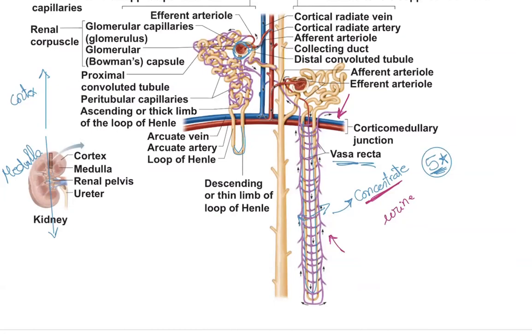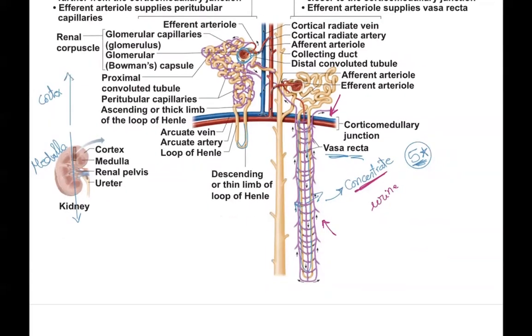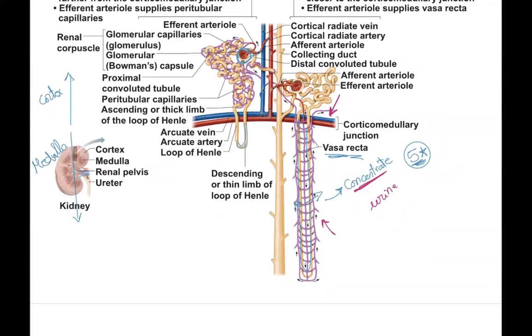Blood coming in will travel through the arcuate artery that is separating the renal cortex from the renal medulla. And the blood travels into the cortex, passing through the radiate artery.